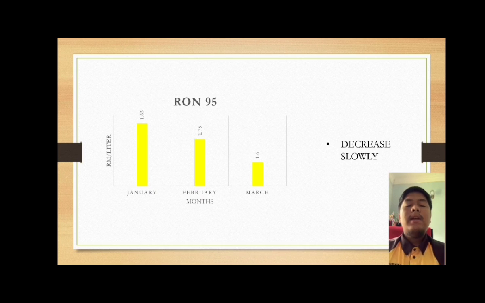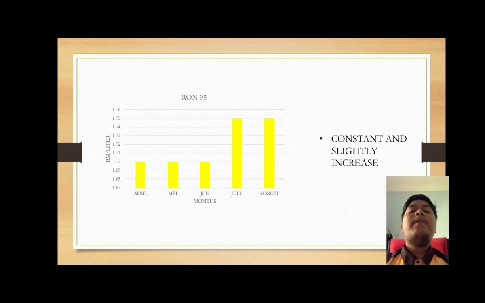As we can see, the graph shows the prices of RON 95 decrease slowly, because in January the total is Ringgit 85, in February the total is Ringgit 75, and lastly for March the amount is Ringgit 60.